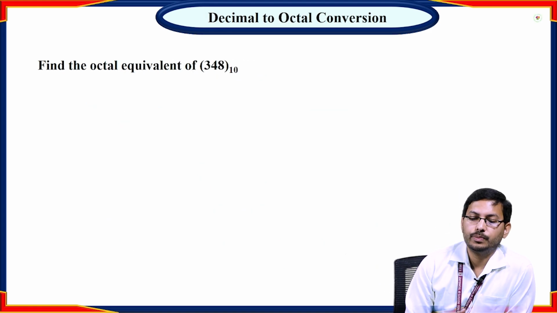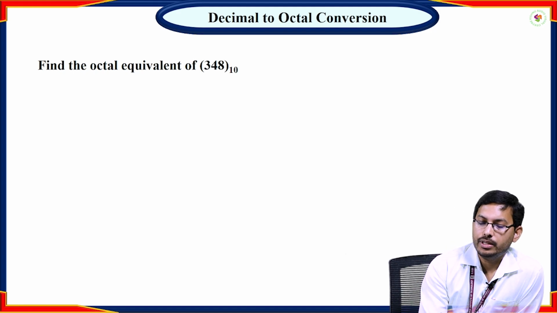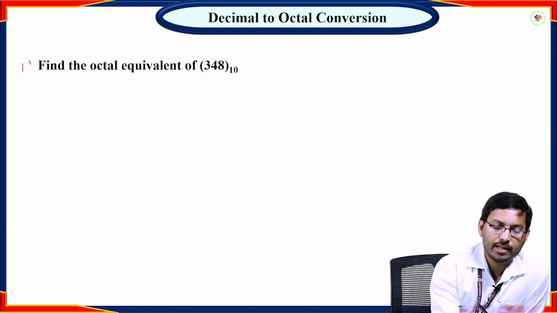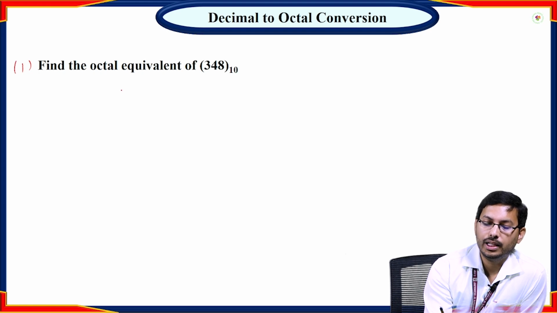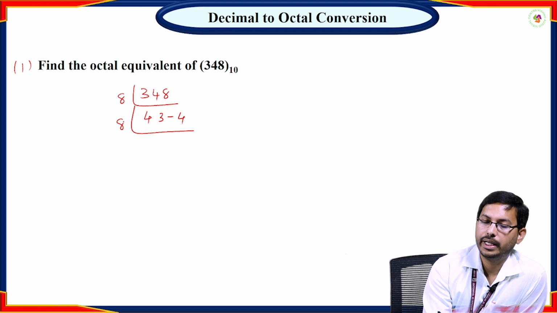Now coming to the next conversion, from decimal to octal number conversion. Here also the same, let us take one example. Find the octal equivalent of 348. Take the number 348 and divide it by 8. So here 8 4s are 32, 8 43s are 344, the remainder is 4. Again 43 is divided by 8.